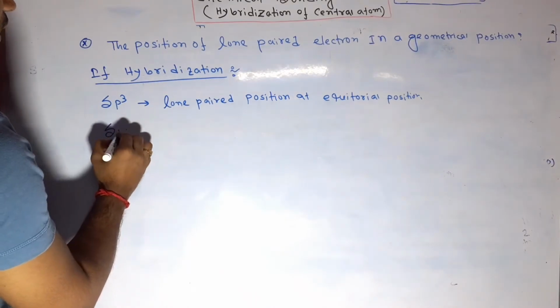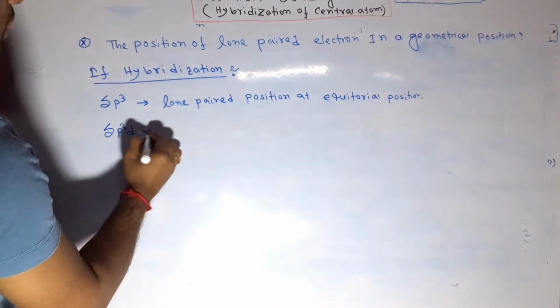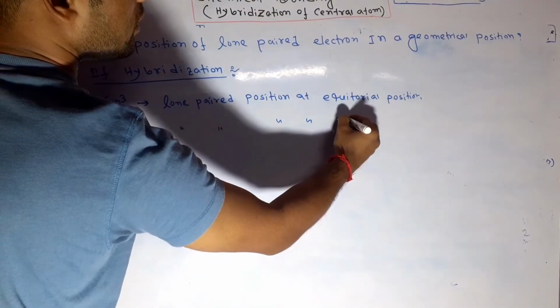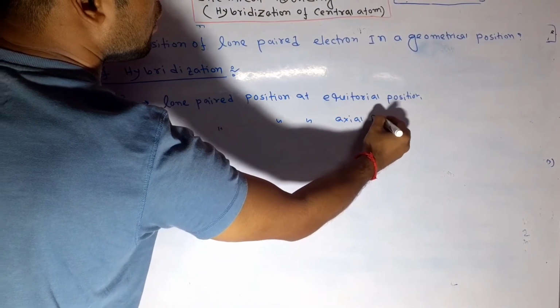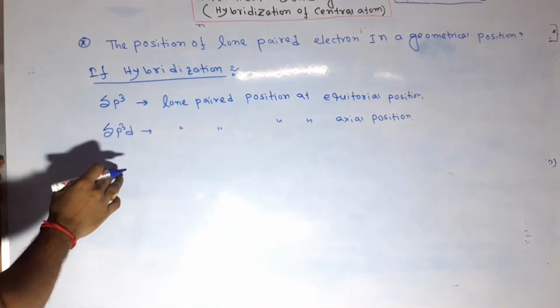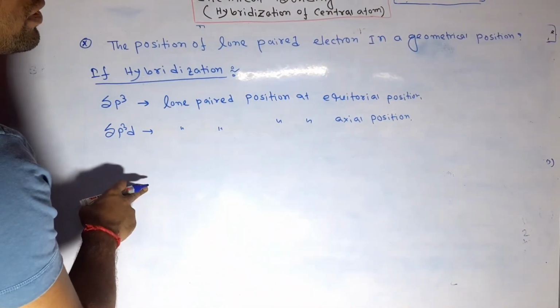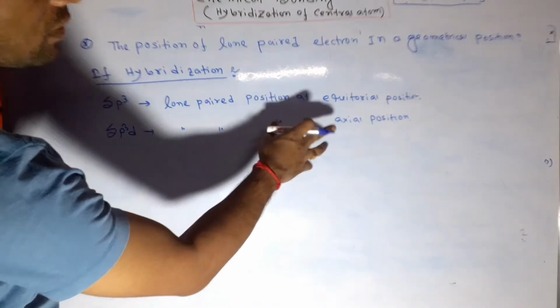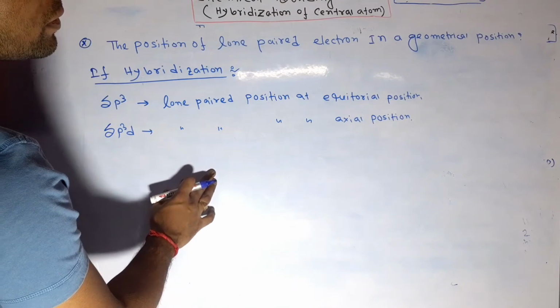If the hybridization is sp3d, then the lone pair occupies the axial position.